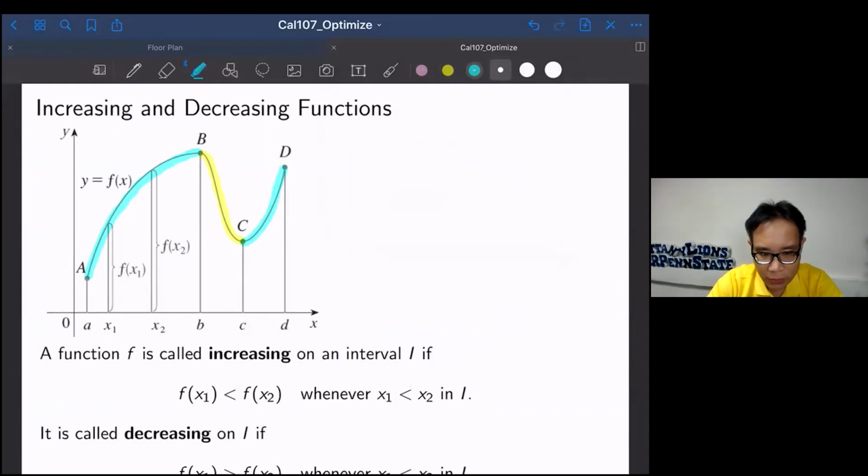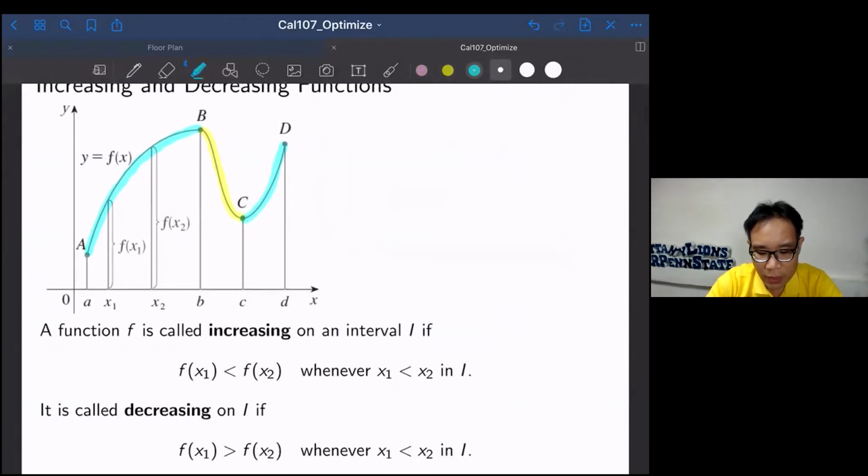What does it mean to be increasing? It means that whenever x1 is less than x2, you have f(x1) less than f(x2). So the function increases when x goes from x1 to x2.